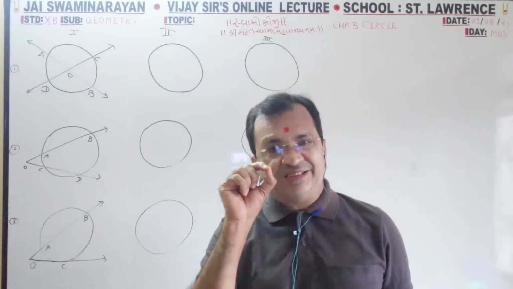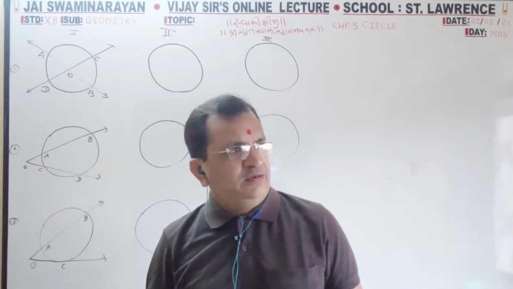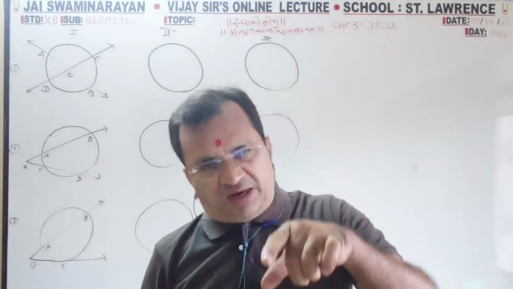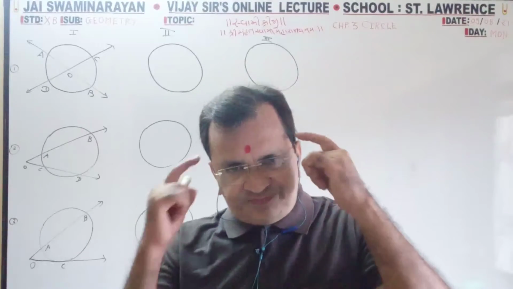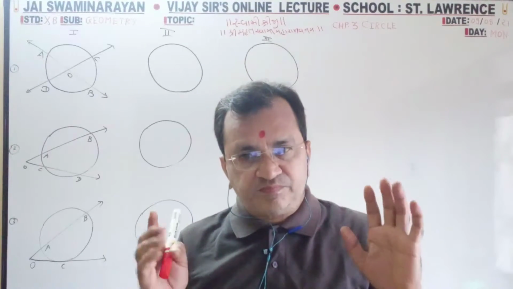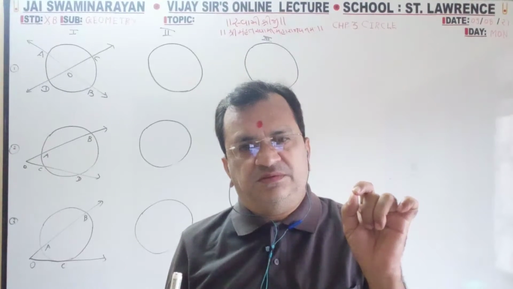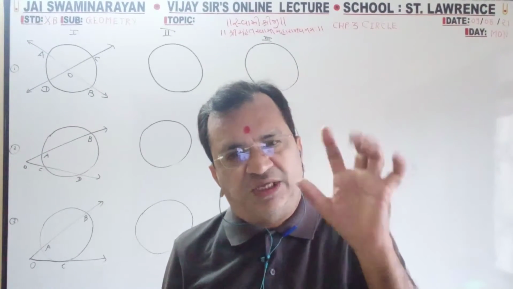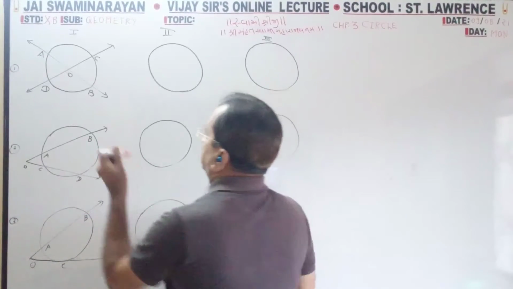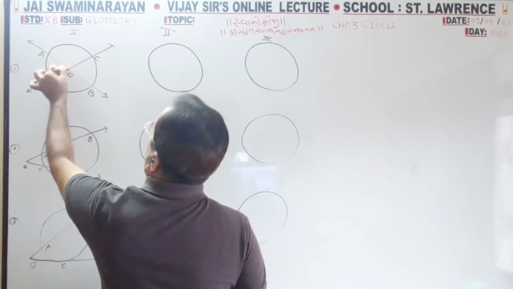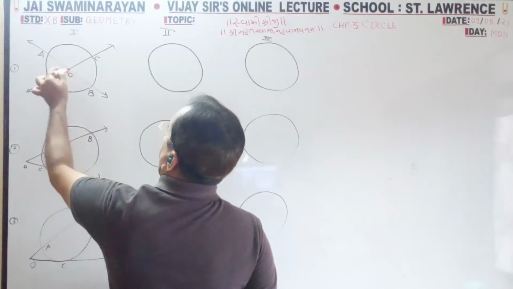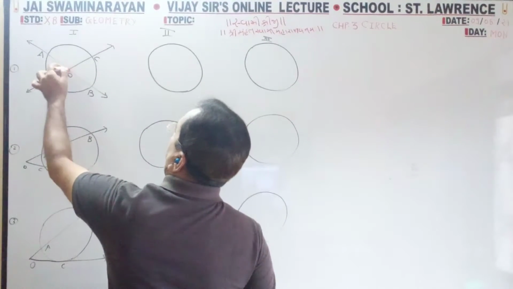From the intersection point, you have to take the product of two segments of the same line. In all three formulas, from intersection, two segments on the same line. For example, from intersection, I am highlighting two segments on one line, OA, OB.